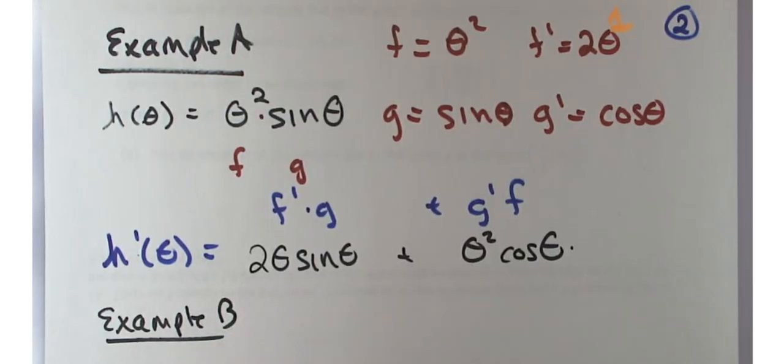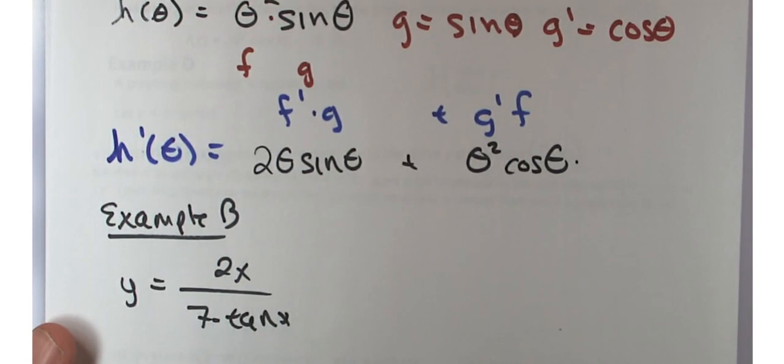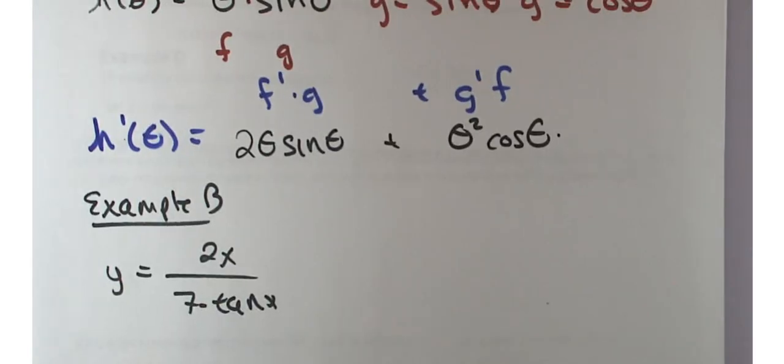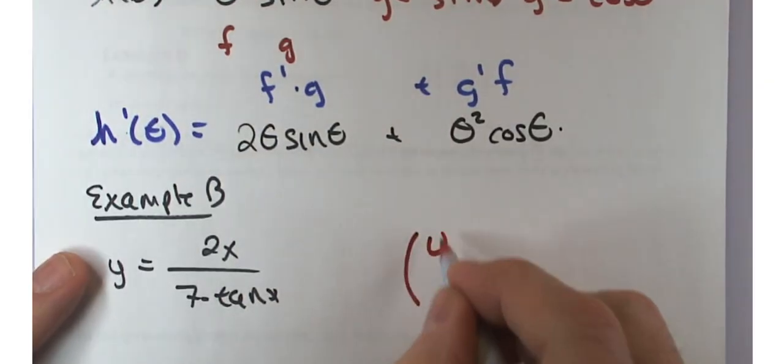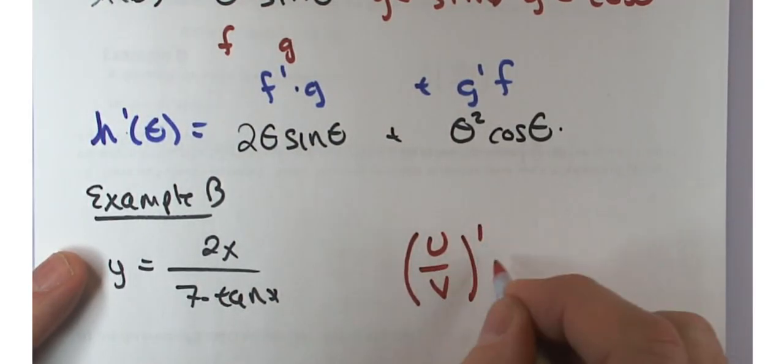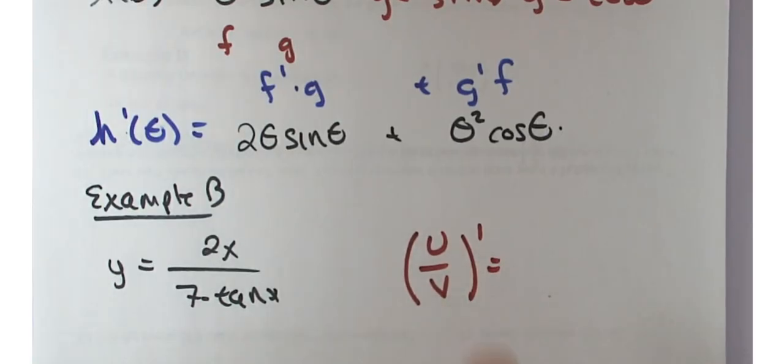So we've got y equals 2x over 7 minus tangent of x. What rule do you think I'm going to have to apply here? Quotient rule. All right, so I think you guys liked u and v, so let me go back to that. I'm just going to write it very simply.